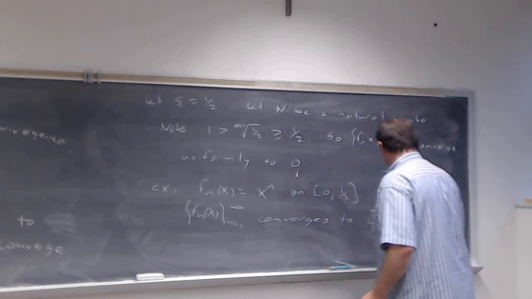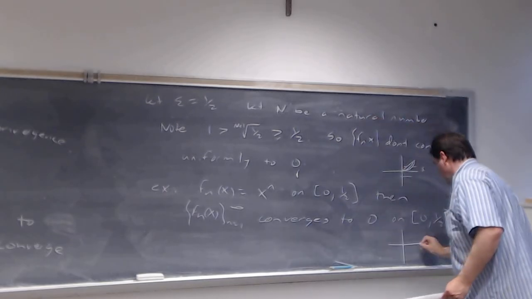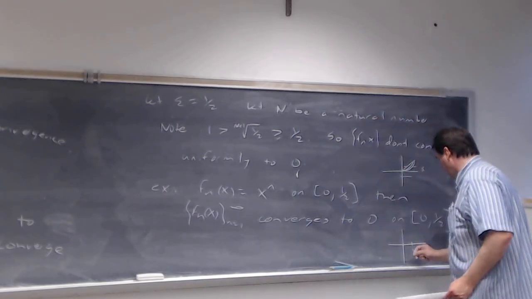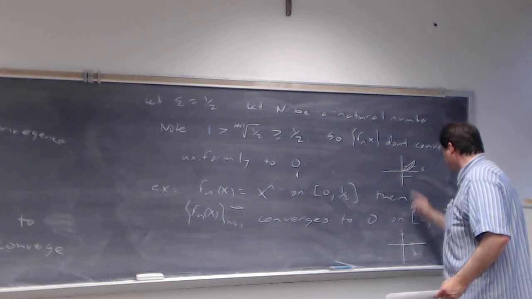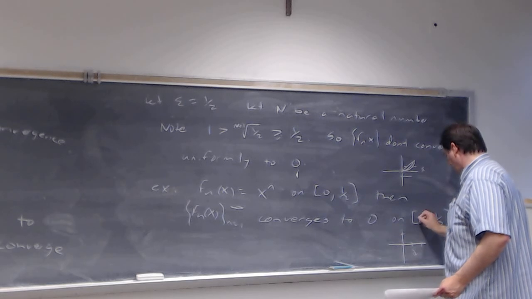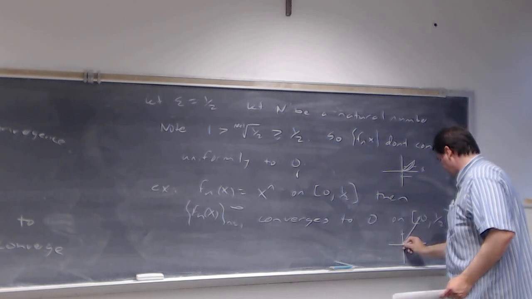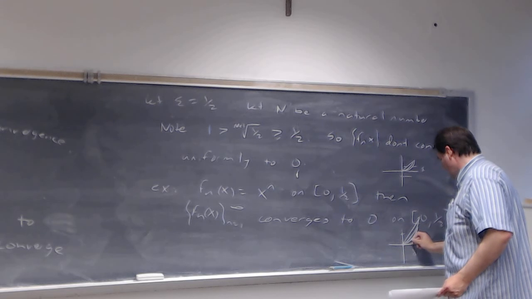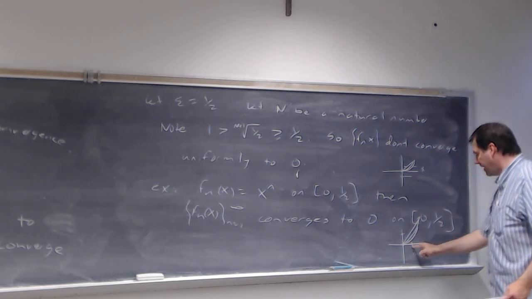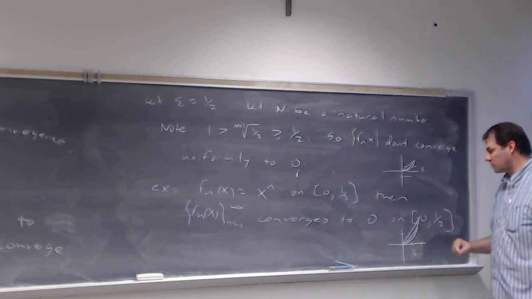And the reason being, if I look at this picture, we're only going to 1/2. Okay? And if we look at those functions, remember when we went to 1, it was up here. We had something that looks like this. And you see the highest point for each n happens when x is equal to 1/2.